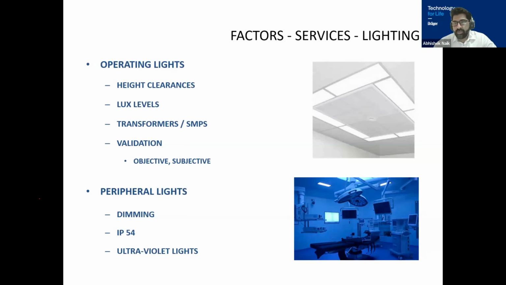Preferably the color temperature should generate a white light, something between 5000 Kelvin to 6000 Kelvin, and this peripheral light should be waterproof. So we generally recommend IP54 or anything above IP50. So 54 or 65 should be sufficient, so that if there is any water leakage, it should not enter into the light enclosure.